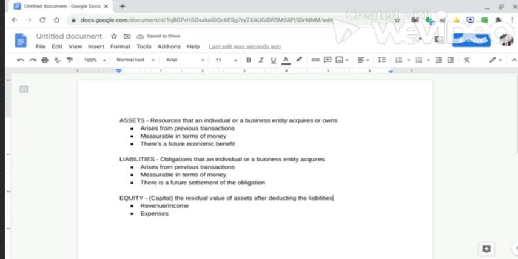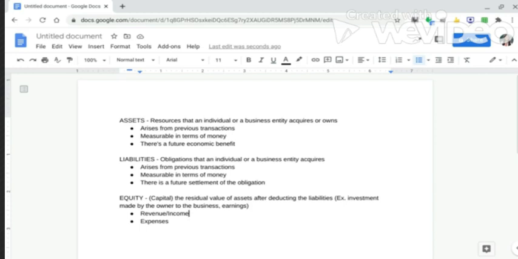So, dito po pasok yung mga investments, investment made by the owner to the business, earnings, there.